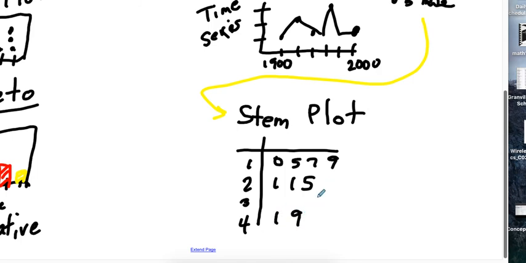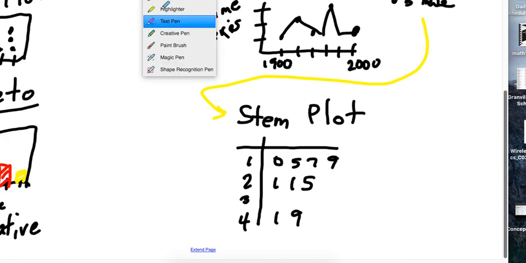Okay, so that's just what a stem plot looks like. And it's created from a set of data, and the raw data is going to look like this, okay? Notice I've got a 1 and a 0 here.